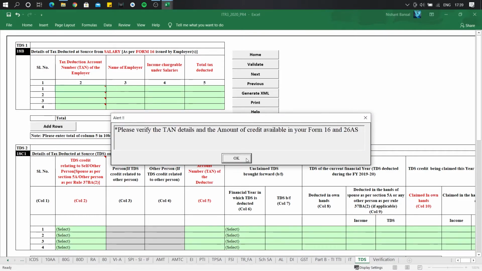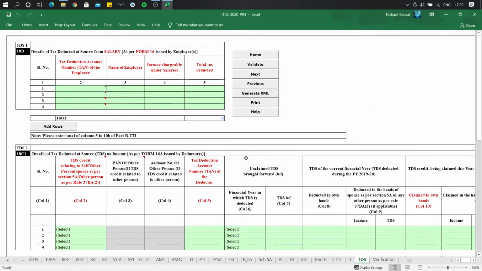Please verify the TAN details and the amount of credit available in your Form 16 and 26AS. Form 16 gives the detail of tax deducted at source from salary.